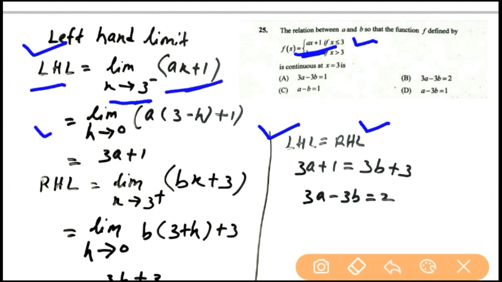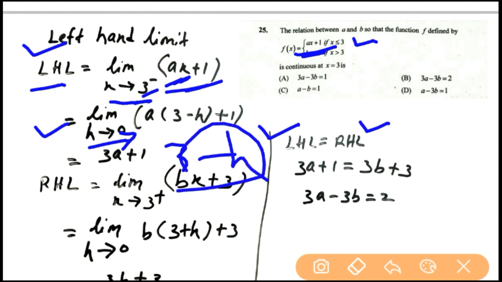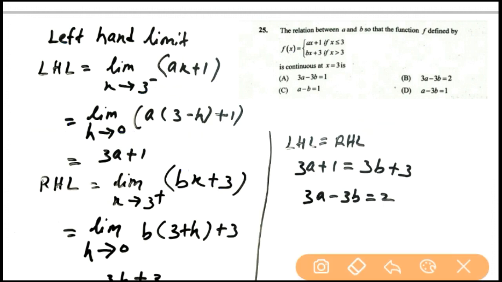So limit h tends to 0, in place of x we will put 3 minus h. So a into 3 minus h plus 1. Putting h equal to 0, we will get 3a plus 1.